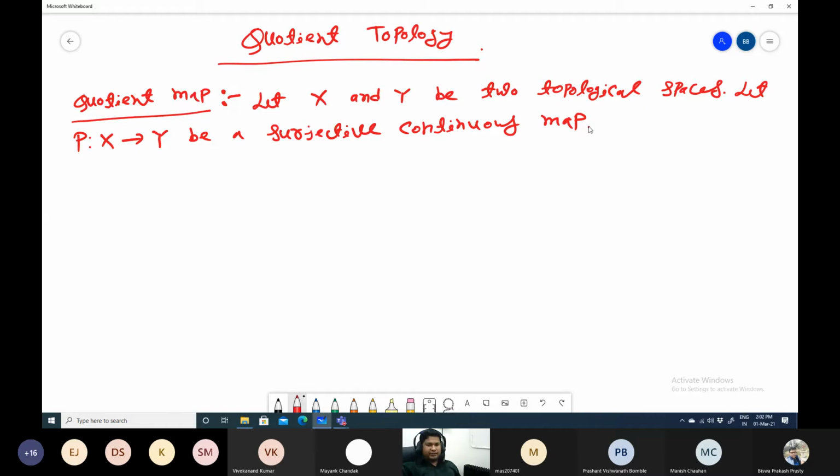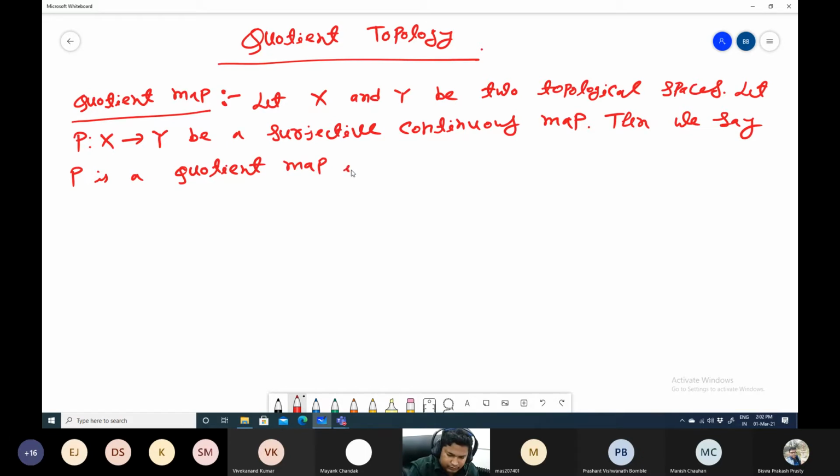Okay, so it is surjective as well as continuous. Now then we say P is a quotient map if it satisfies the following condition.